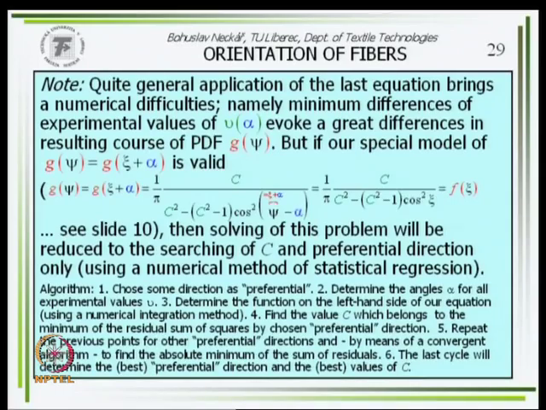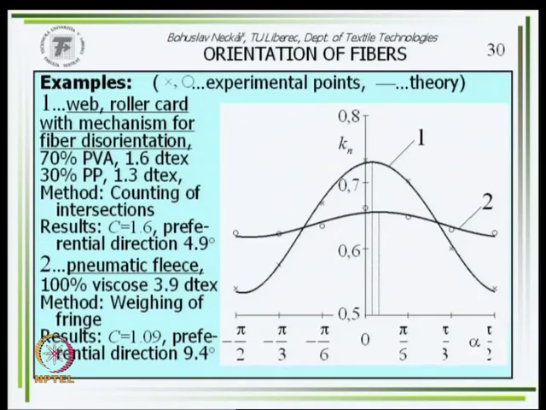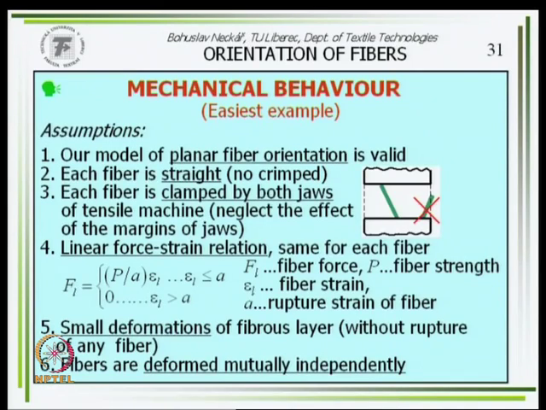When you have the set of experimentally obtained values for different alpha, you can from this set of experimental data evaluate the probability density function u of theta of directions of our fiber segments. It is this here, and here is also an example which documents the correspondence of our model and experimental research from other authors as well.